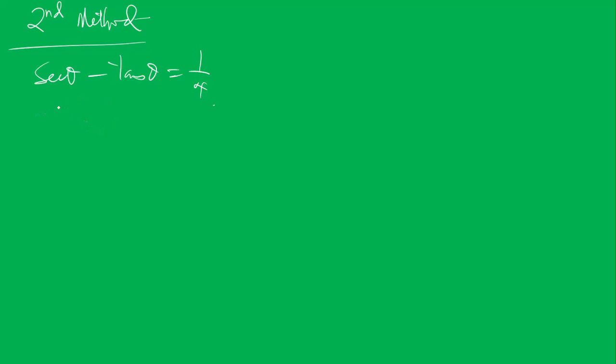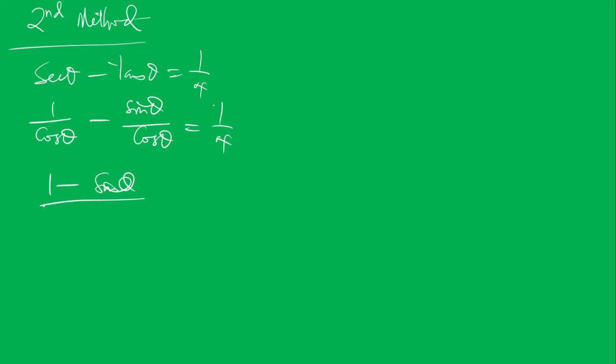Now we have 1 all over cos theta minus sine theta all over cos theta, which is equal to 1 over 4. Now you have 1 minus sine theta all over cos theta equal to 1 all over 4.